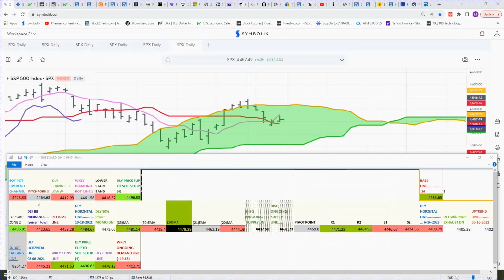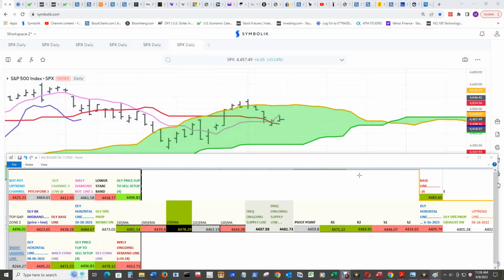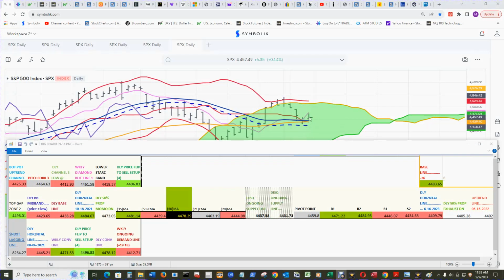So the gray areas, and that's plus or minus 10 points from the close of the aftermarket, are at the Pitchfork 3, the 21 EMA, and the pivot point. The closest level to the pivot point to the downside is this daily horizontal line from 08/06/2021, 4445.21. That's been familiar to me for a long time. And the downside has some pretty good support conglomerate going on here.